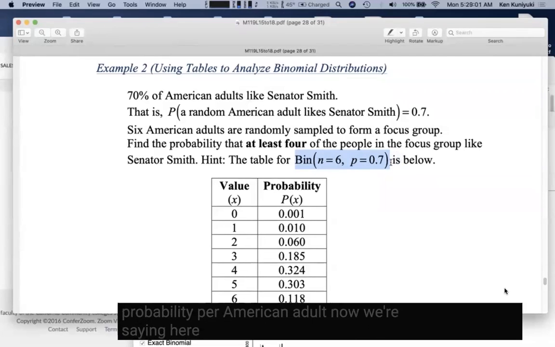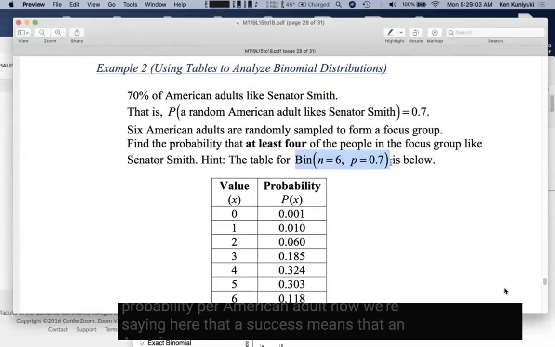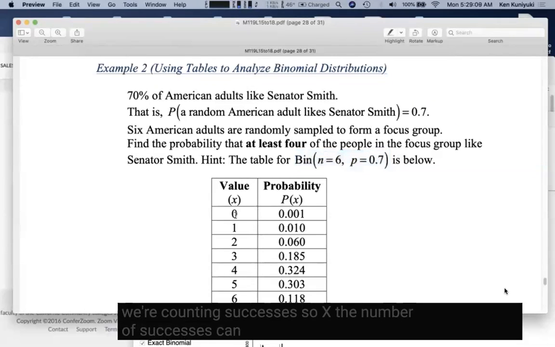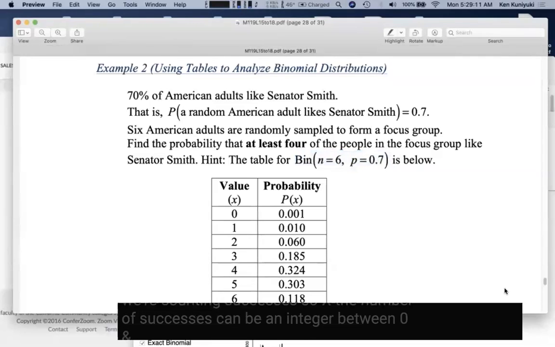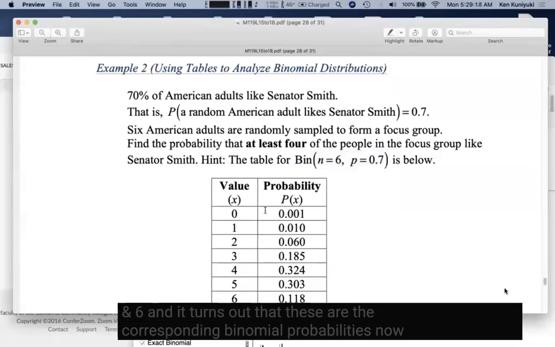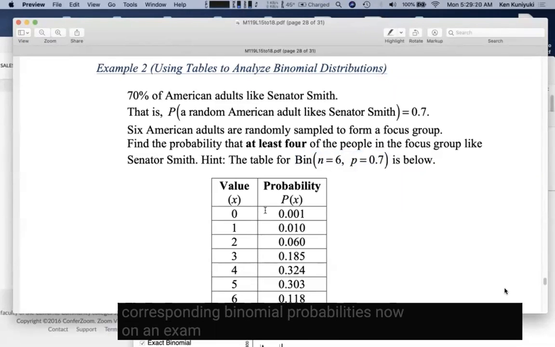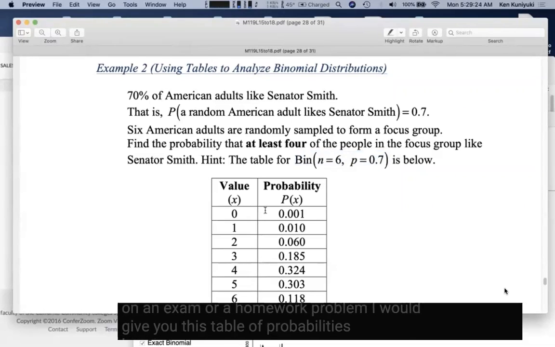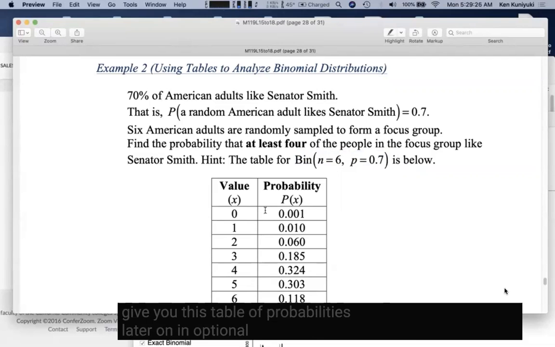Now, a success means that an American adult likes Senator Smith, and we're counting successes. So X, the number of successes, can be an integer between 0 and 6. And it turns out that these are the corresponding binomial probabilities. On an exam or a homework problem, I would give you this table of probabilities. Later on, in optional videos, I will discuss how these probabilities are actually obtained.